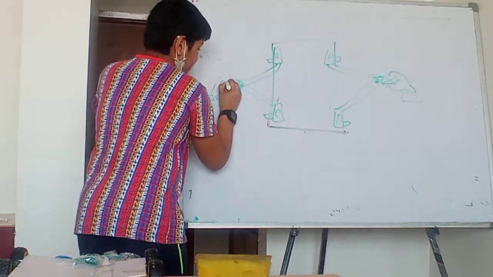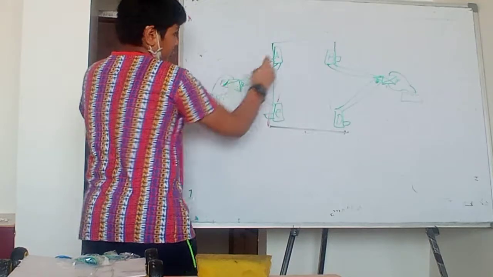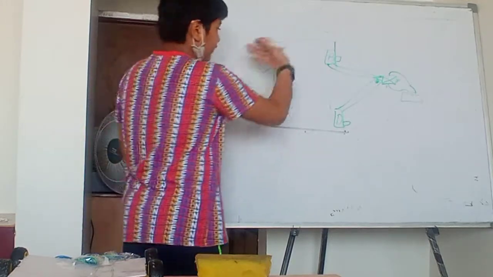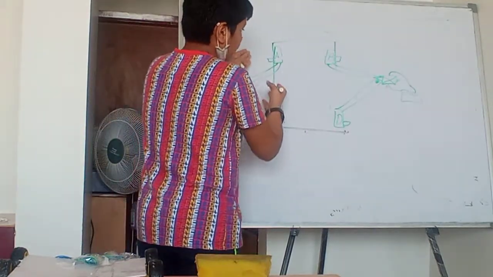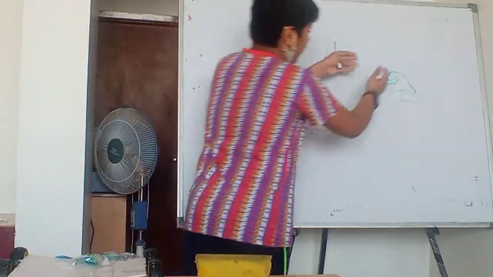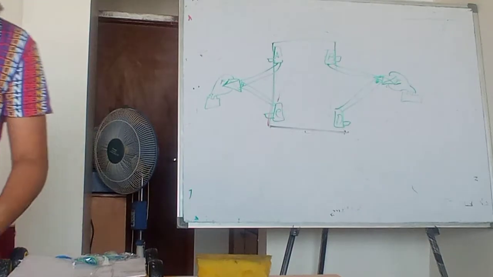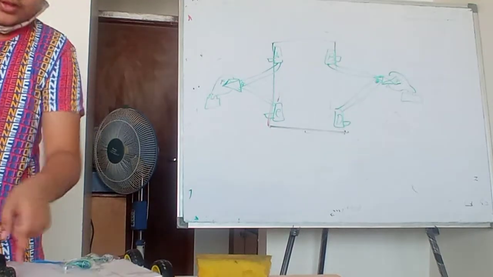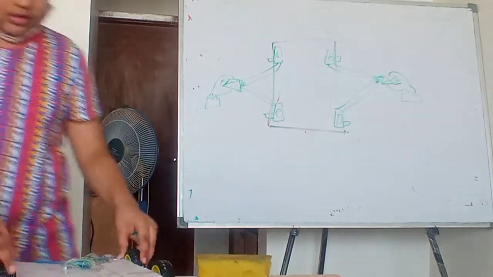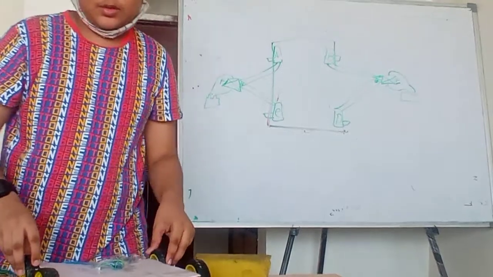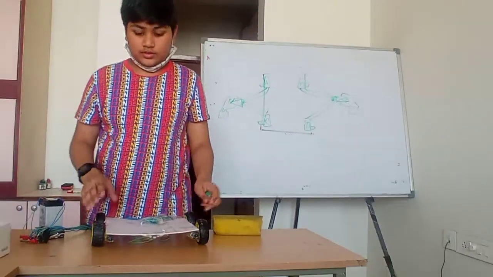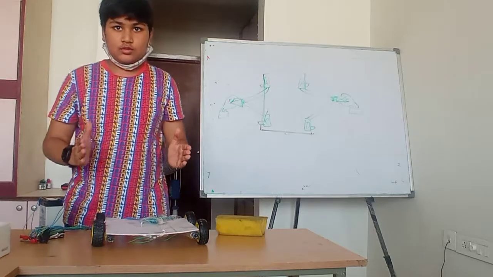Now, if this side is pressed for A and C motors, then they will rotate clockwise and the car will move forward if this is also forward. Otherwise, see, it is going a little bit right because the force is applied on only one side.